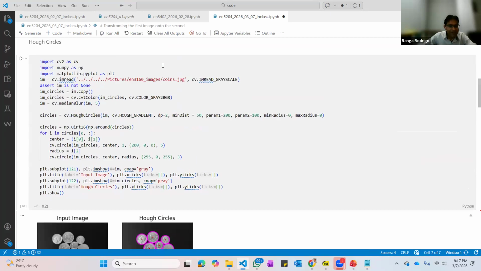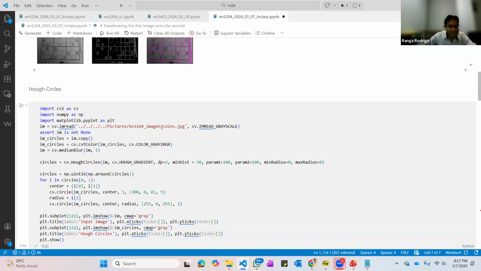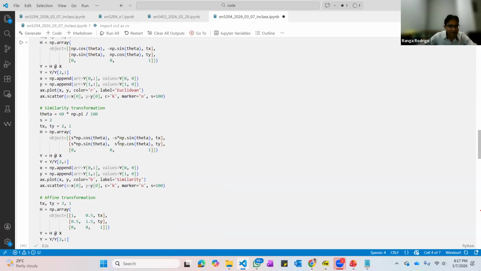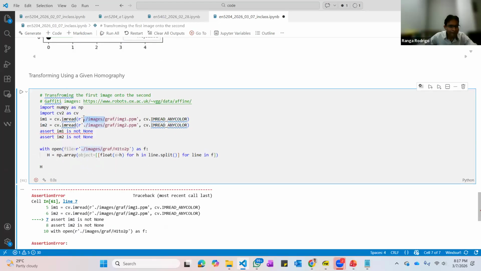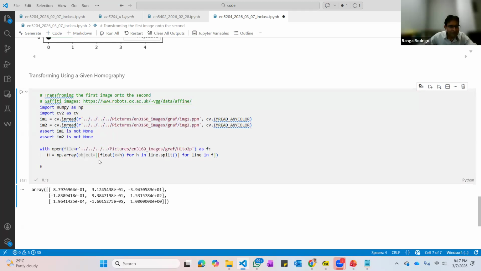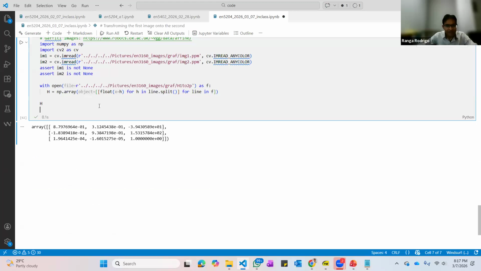Now I have placed those files someplace here. So you can see that's the homography that we have read. This is the homography from 1 to 2.